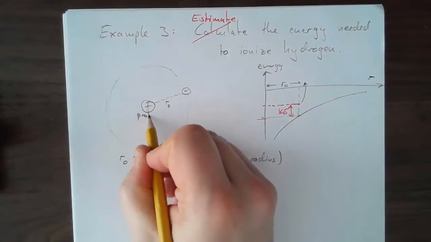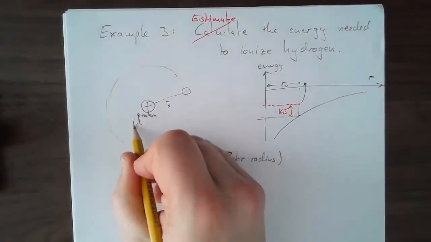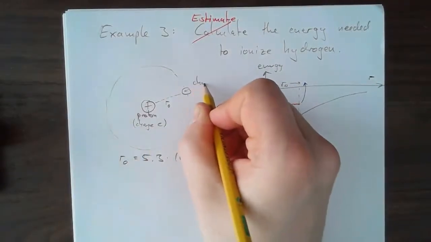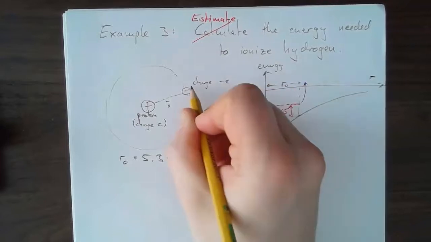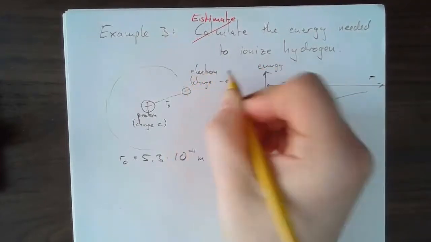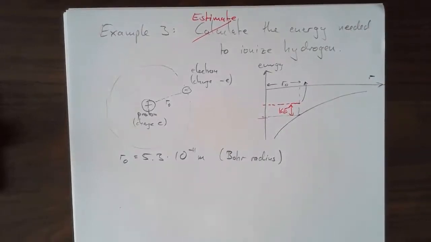So I can write this down. Proton, charge is E. The electron has a charge minus E. So same magnitude of charge. The electron also has a mass that we may or may not need.